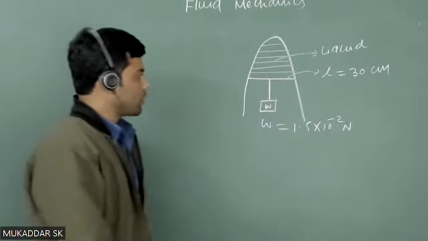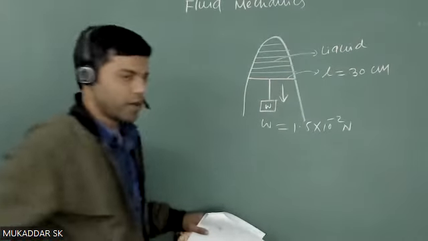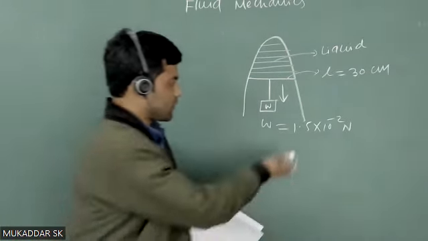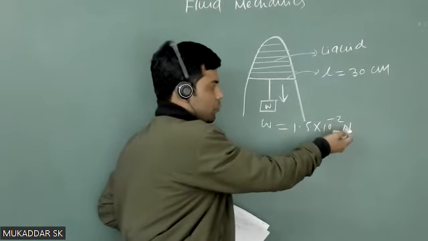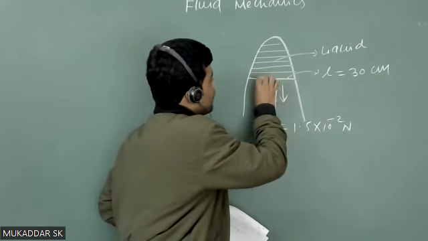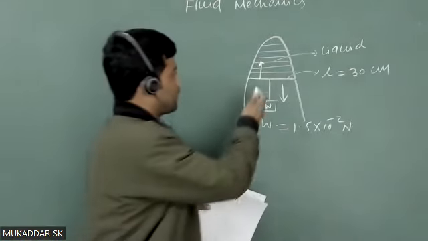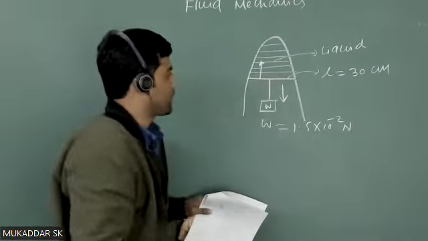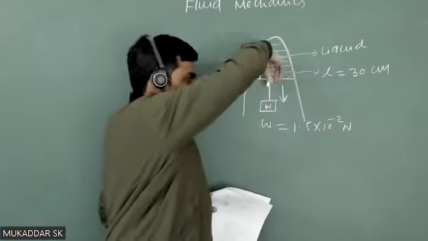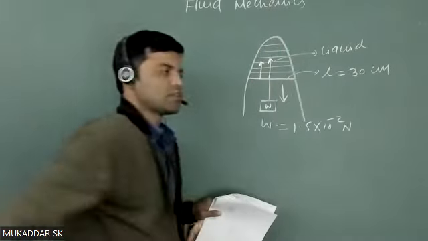What is the meaning of support? Because of this weight, there is a downward force, and that downward force is 1.5 into 10 to the power minus 2 Newton. Support means that the sliding wire is experiencing a force due to surface tension, and that acts opposite to the direction of W. You have W acting in the downward direction, and because of surface tension there is a force in the upward direction.